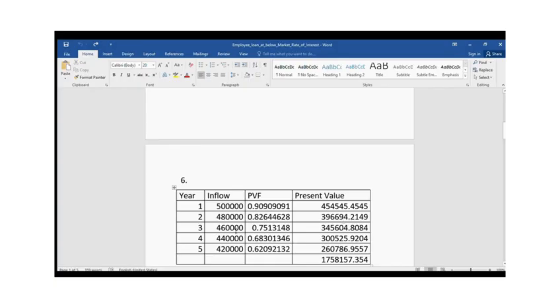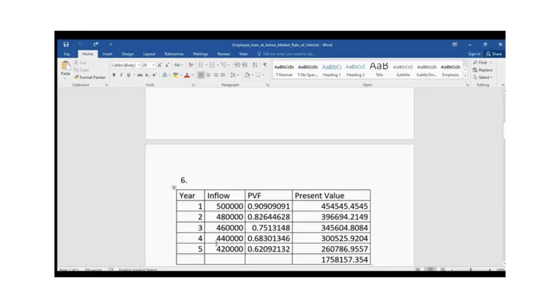4 lakh 60,000 into 1 divided by 1.10 raised to the power of 3 would be the present value factor for the third year, that will be 0.751. 4 lakh 60,000 into 0.751, 345604 would be the present value for year 3.